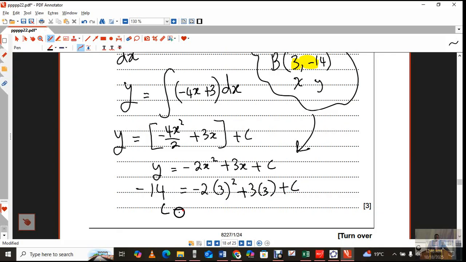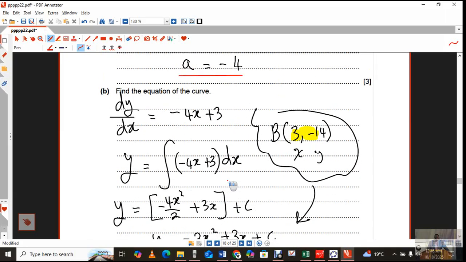This will give you c equal to negative 5. Therefore, the equation is now complete. It's y is equal to negative 2x squared plus 3x minus 5. That's what the equation is.